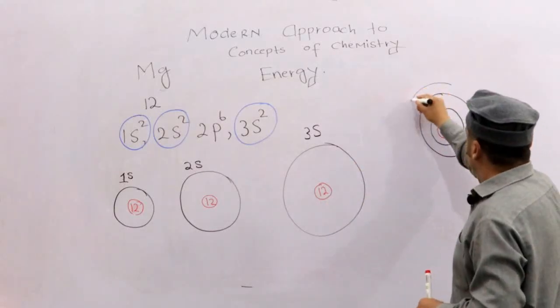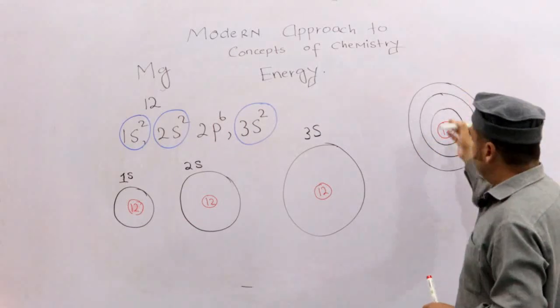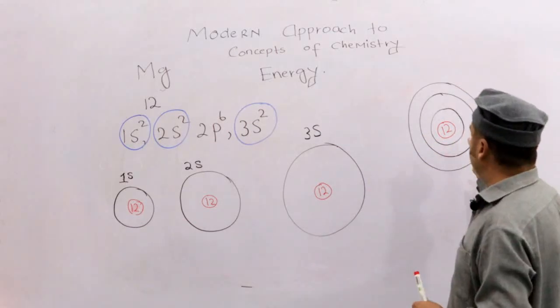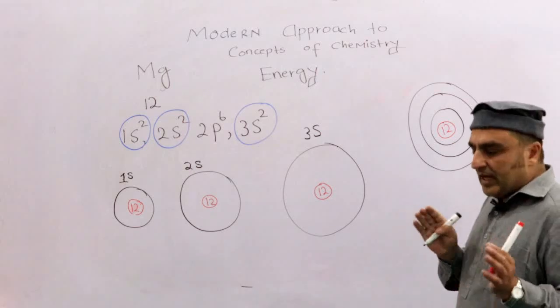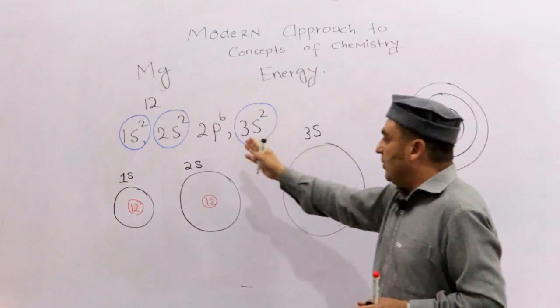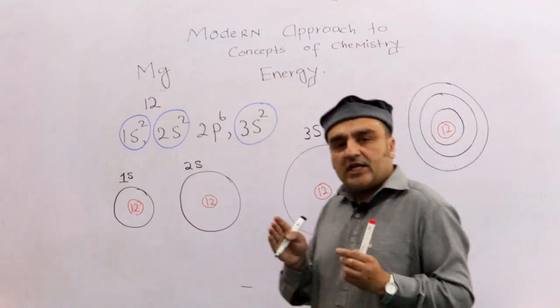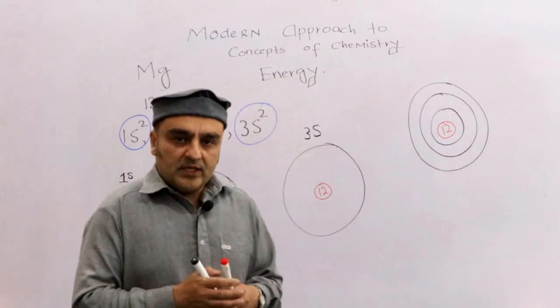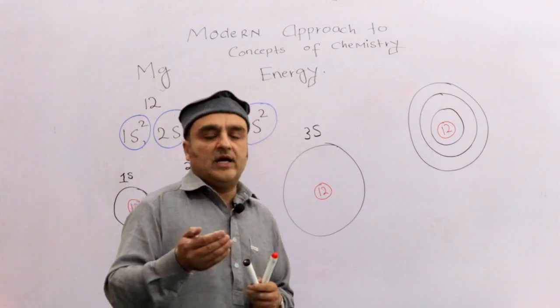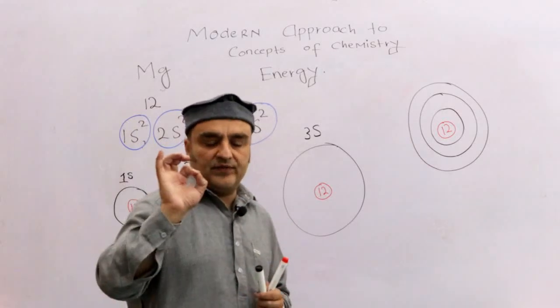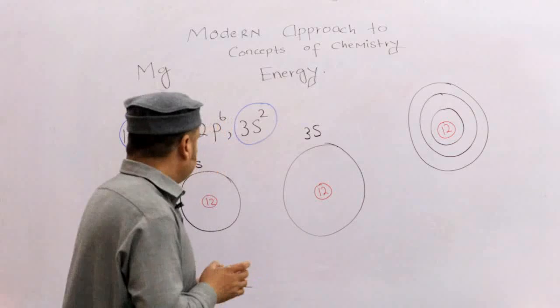This is the 3rd orbital. Okay, this is combined, this is how they are present in an atom. Again, you may be thinking that 2p orbitals are also present in the same atom, but let us ignore that intentionally, because I want to make you understand a very important concept.